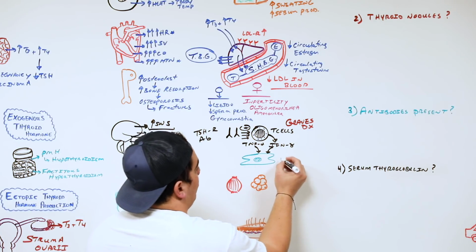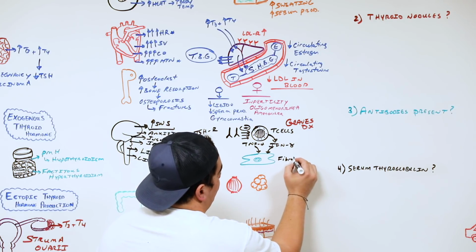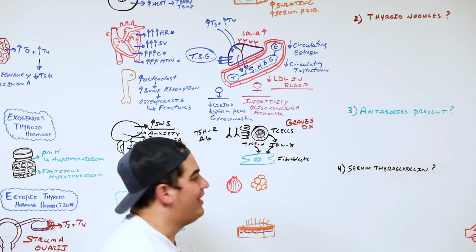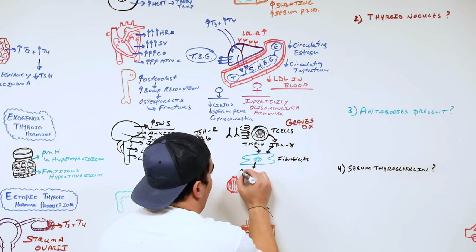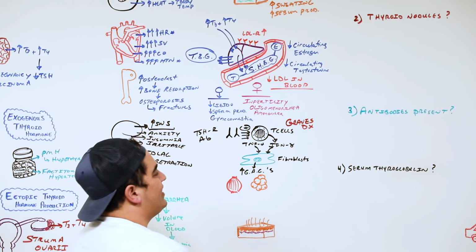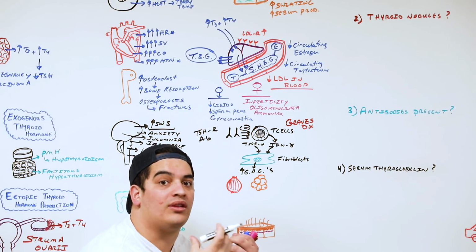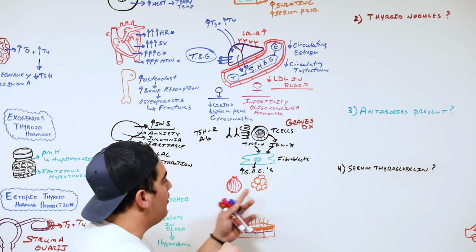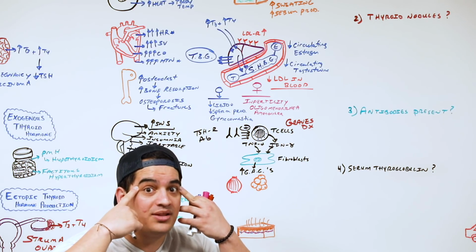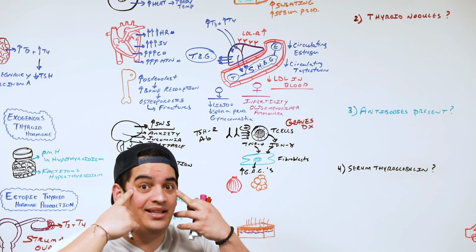If I stimulate a lot of these fibroblasts, do you guys remember what the fibroblasts produce? The big thing I need you guys to remember? The GAGs. There's an increase in the glycosaminoglycans. What did I say GAGs do? They hold on to lots of water. Well, there's other tissues besides fibrous tissue located within the retroorbital space: muscles, all your extraocular muscles, and fat tissue.